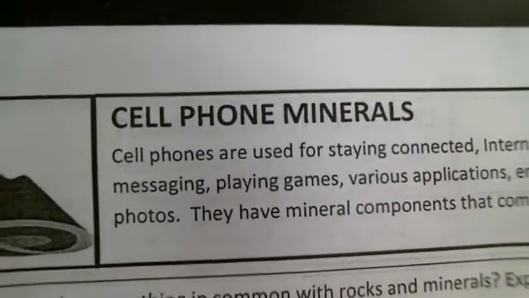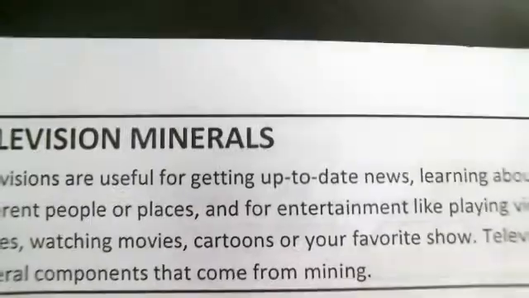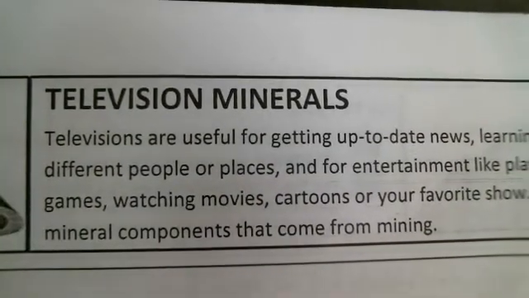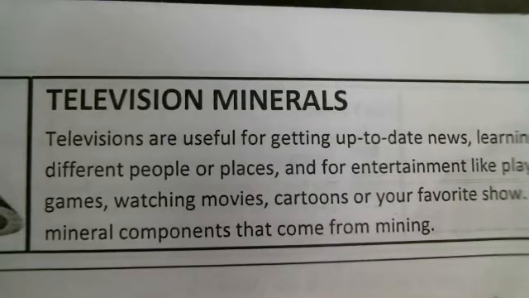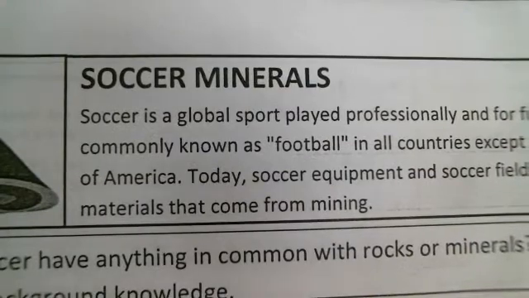Okay, now after you have finished the bicycle sheet, there are 3 more pages. One page is about cell phones, front and back. Another sheet of paper is about televisions. It has material front and back. And then the third sheet, or the last sheet of paper, is about soccer materials, front and back.